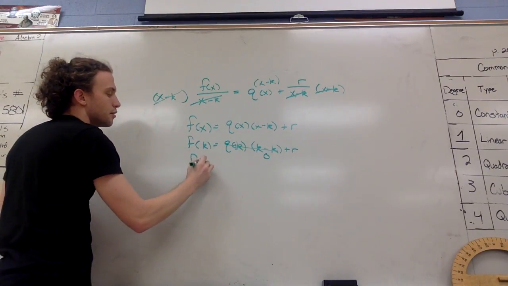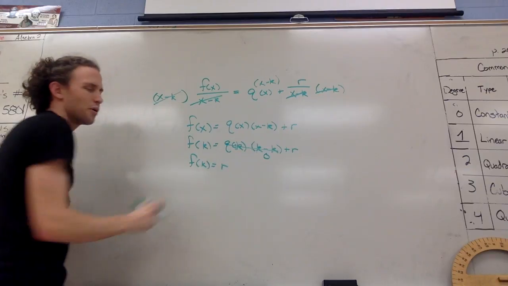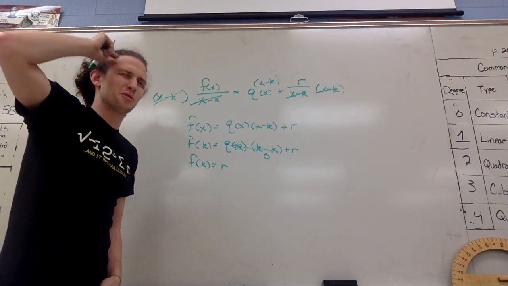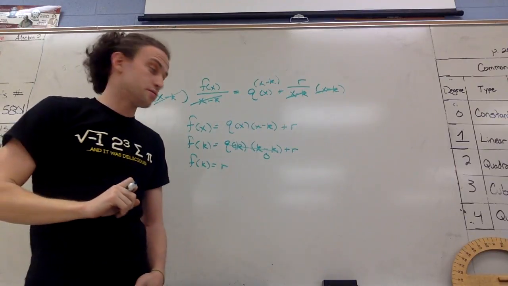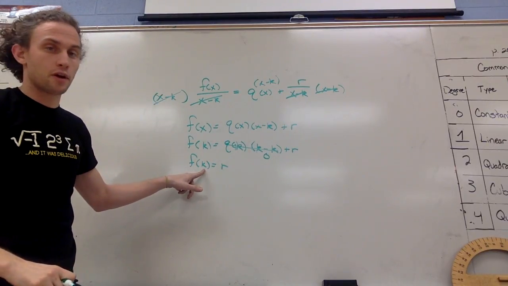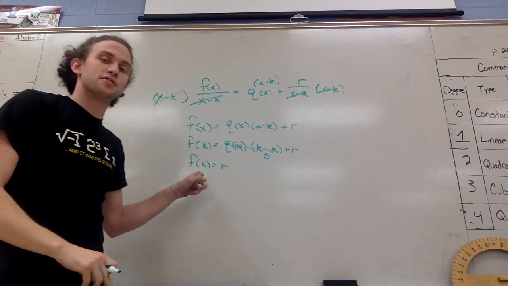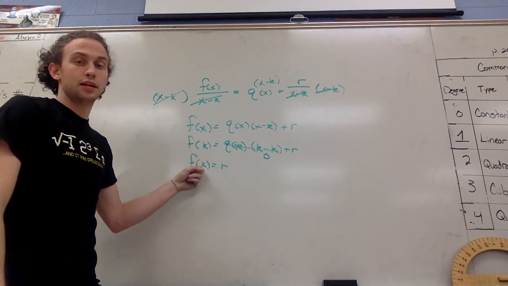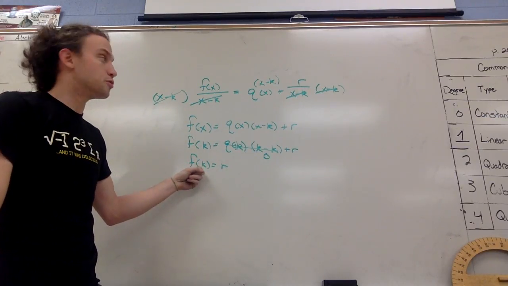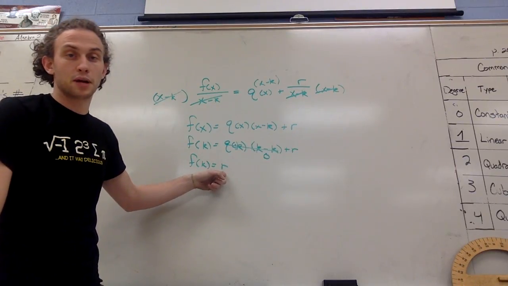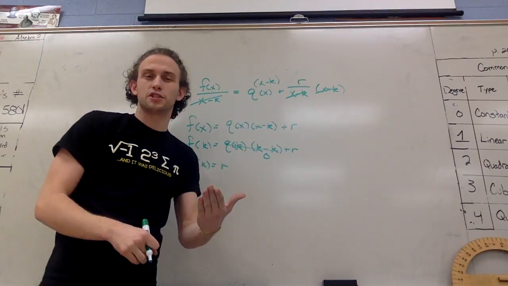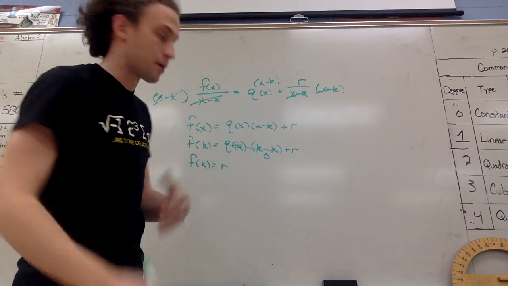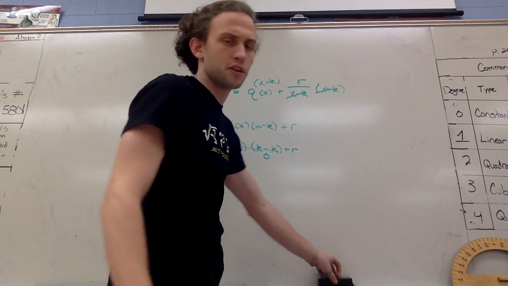So f of k is just r. Now, this looks really confusing. You're probably wondering, why am I doing this? But what that tells us is if we use synthetic division for any value here, it's going to be the same thing as plugging in that k value into my function, and my remainder is my answer. So what that means is we're going to use synthetic to evaluate functions, and our remainder is just the same thing. Just pay attention, you'll understand.